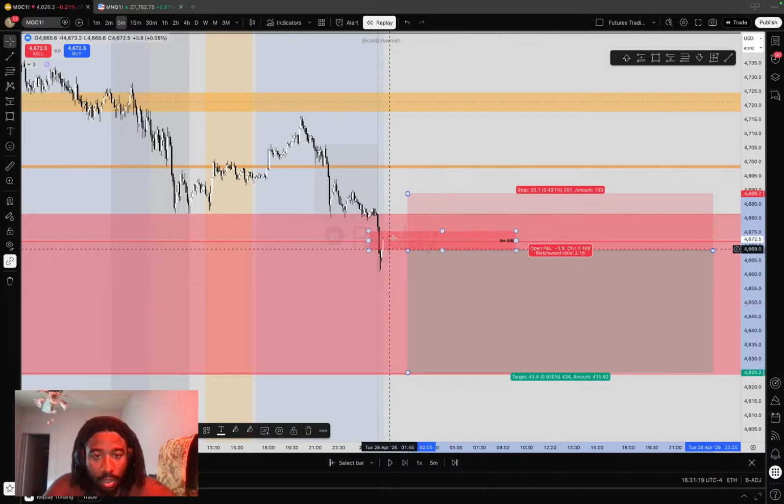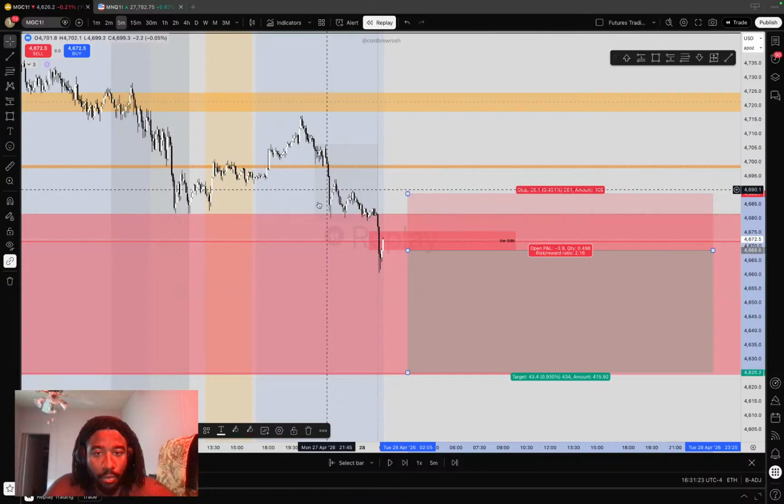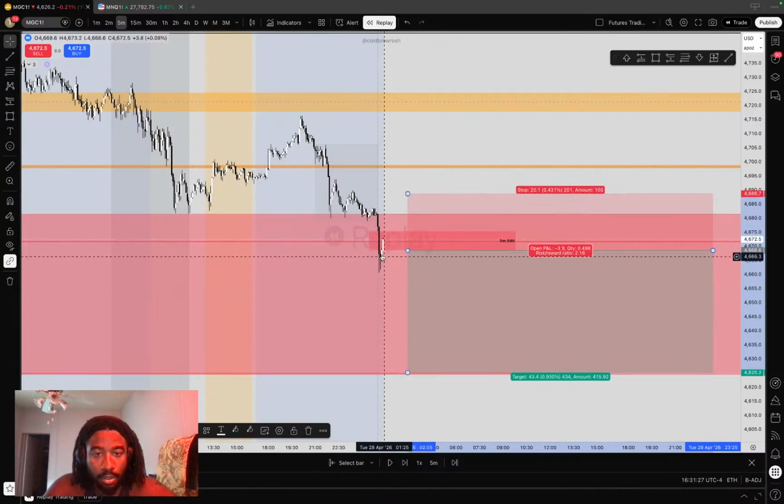In that case, that's how I knew this market was going to be difficult to trade. Why? Because it closed above the 50%. I don't want to see it close above there. I just want to see it wick it and then automatically drop out of it. It closed above it, I got out.